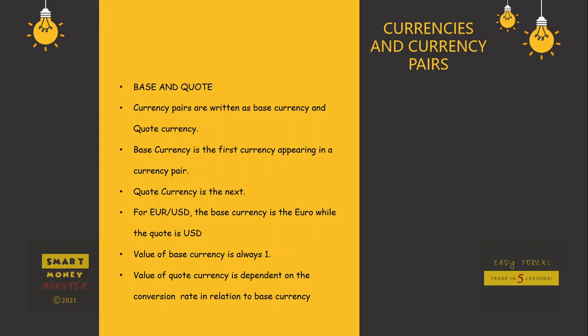So in euro dollar, euro is the base currency, dollar is the quote currency. If you say dollar yen, dollar is the base currency, yen is the quote currency. If you say kiwi Aussie, kiwi is the base currency, Aussie is the quote currency. So the first one you call is the base currency, the second one is the quote currency, right?